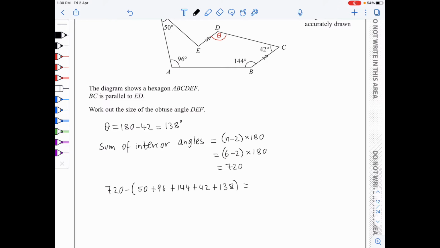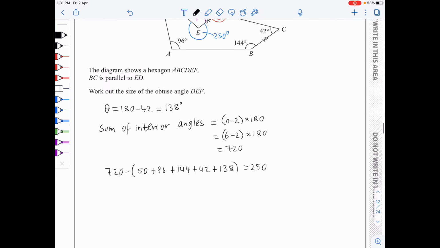So if we quickly do the calculation here, we should be getting a result of 250 degrees, and this is the angle here, 250 degrees, which means that what we have to find here, which is the obtuse angle between 90 and 180, is just 360 minus 250, angles at a point add up to 360, which is 110 degrees. And that should be our final answer, 110.